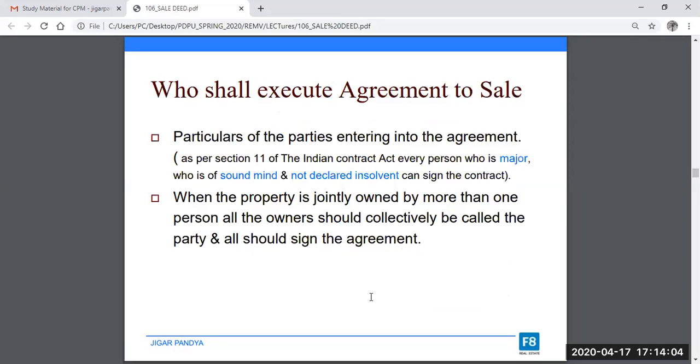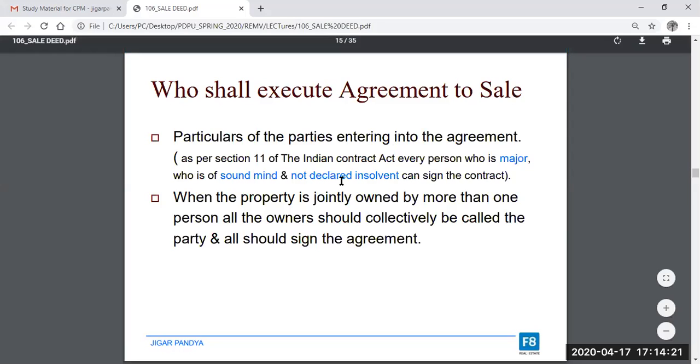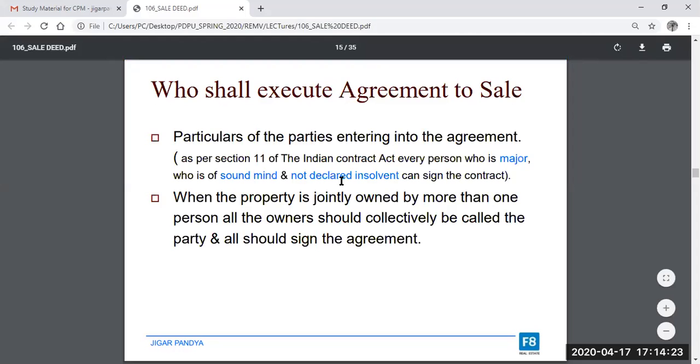Next up, who shall execute the agreement of sale? Now, the particulars of the parties entering into the agreement, as per section 11 of the Indian Contract Act, requires every person who is a major, of sound mind and not declared insolvent.